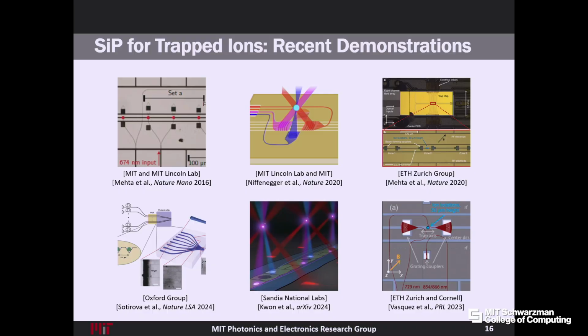So of course, we can never talk about research without sending a big acknowledgement to all the other work happening in this field. I highlighted here the work happening by our collaborators at MIT Lincoln Labs. Initial work spearheading a lot of this integrated photonics for trapped ions was done here at MIT in Professor Rajiv Ram's group in collaboration with MIT Lincoln Labs, the team led at that time by Jeremy Sage.